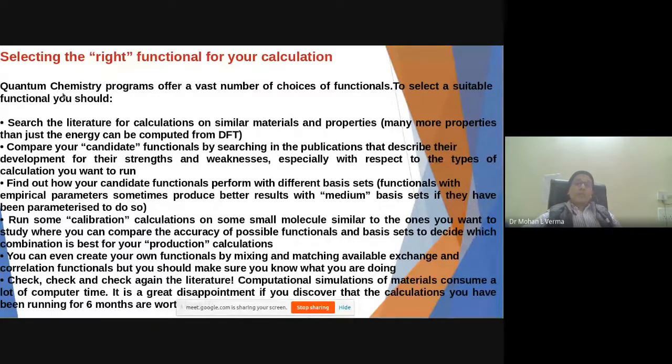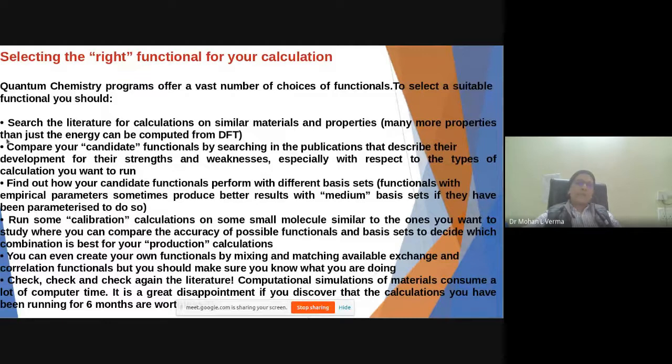For different quantum chemistry programs, this offers a vast variety of choices of functionals. So many functionals are there, and before using a functional, you have to think twice. To choose a good functional, you just have to follow these points. First of all, search the literature for calculations on similar materials and properties.